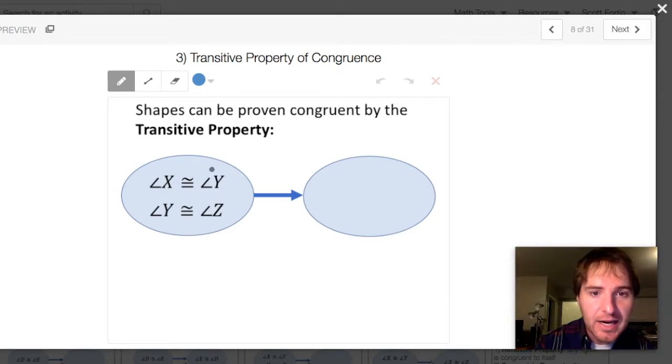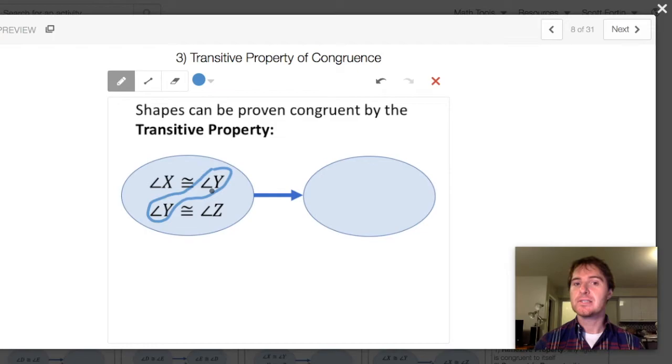What do I mean by equal values? Well, check it out here. We've got angle Y mentioned here in two different statements of congruency. So what we can say is that if angle X is congruent to angle Y, and angle Y is congruent to angle Z, see here, angle Y equals two different things. So what can we deduce?